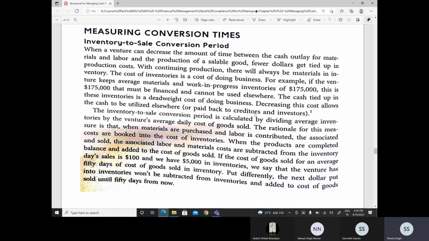Decreasing this cost allows the cash to be utilized elsewhere or paid back to creditors and investors. And that is why, students, you must have heard of inventory management techniques like JIT, just in time, where companies are just not maintaining any inventory and they are asking for materials to be delivered to the shop floor exactly when it is required, so that they are not holding on to any inventory.